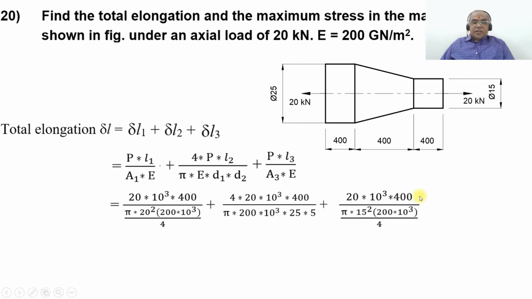On simplification, what you will get is 0.0815. This will be the elongation of the first section.